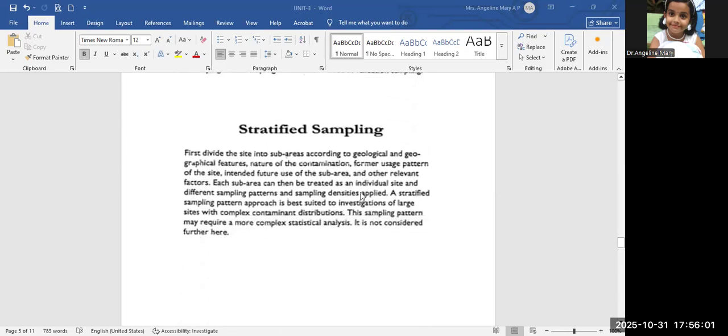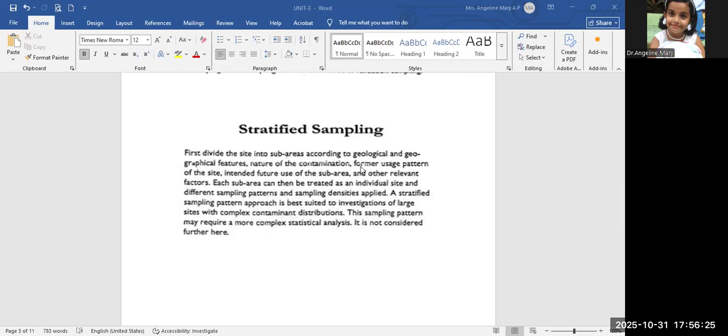The next one is stratified sampling. First, divide the site into sub-areas according to their geological and geographical features, nature of the contamination, former usage pattern of the site, intended future use of the sub-area, and other relevant factors. First, we have to fix the area.